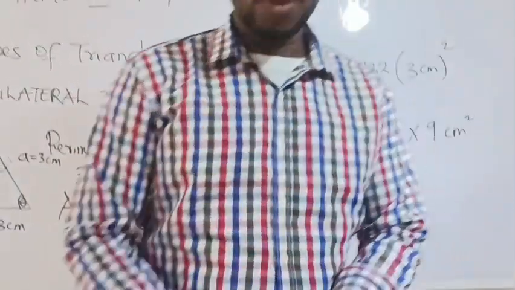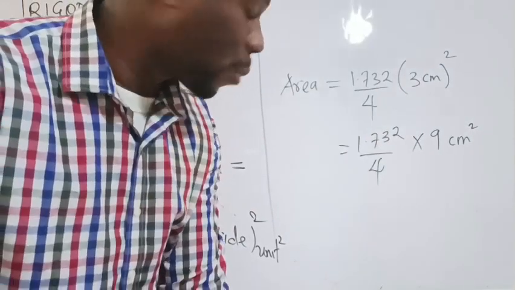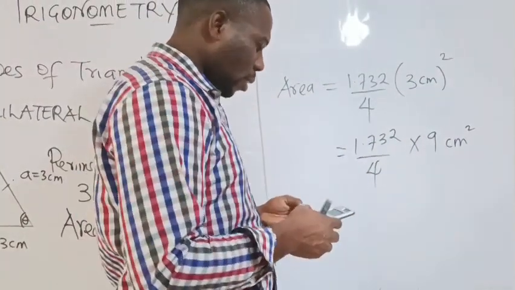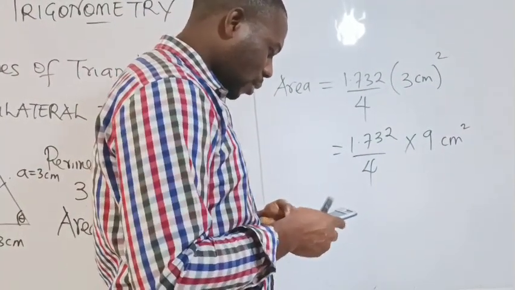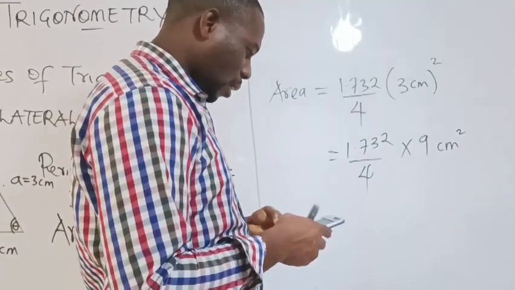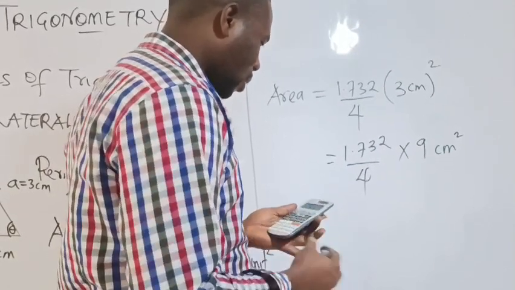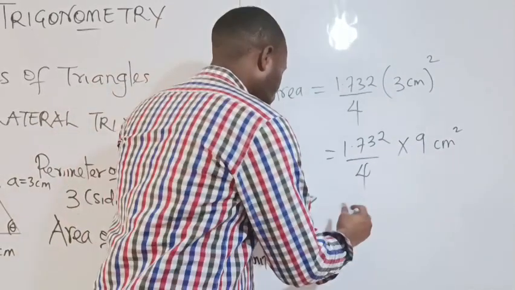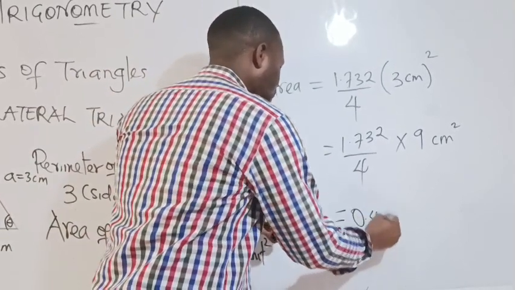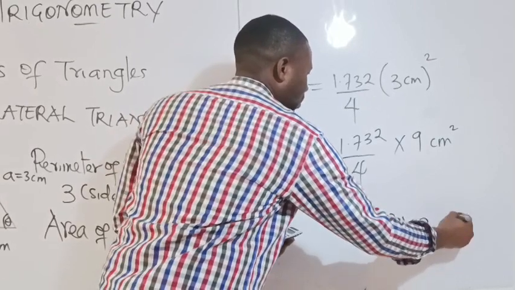So division comes first before multiplication. So I will divide 1.732 by 4. The answer turns out to be 0.433, and of course I'll multiply that by 9.